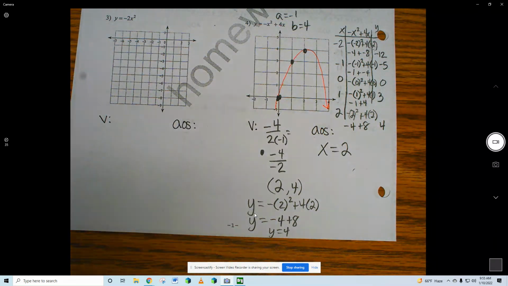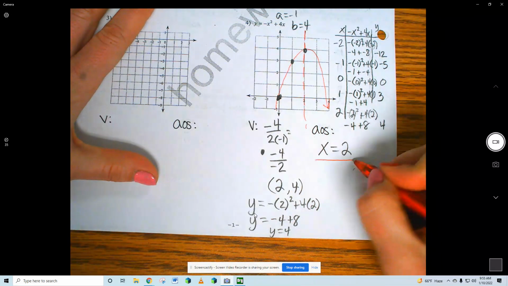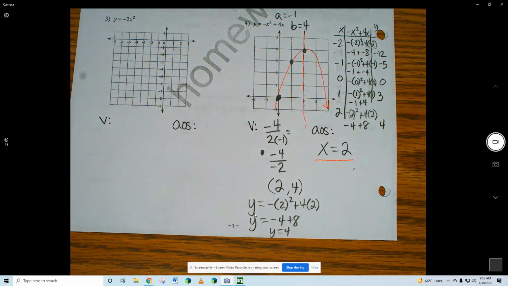But the axis of symmetry is going to be this line cutting down the middle of the parabola. X equals 2. I draw a dotted line myself.